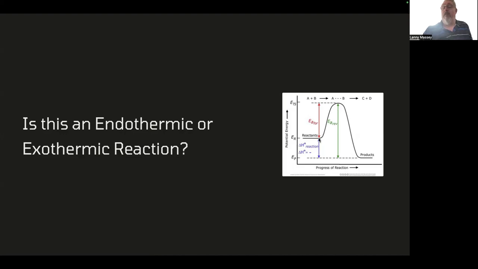We had to add it, right? Okay. So, this addition of energy, and then all of a sudden it starts releasing energy, and the products end up with less energy than the reactants. This, from this level up to here, this red set of arrows, represents what we call activation energy. Activation energy is the energy needed to get the reaction to start going.